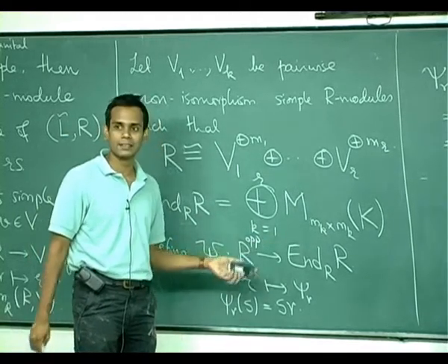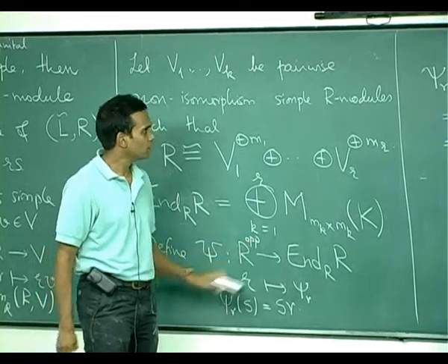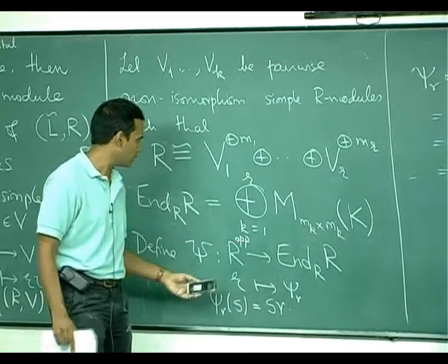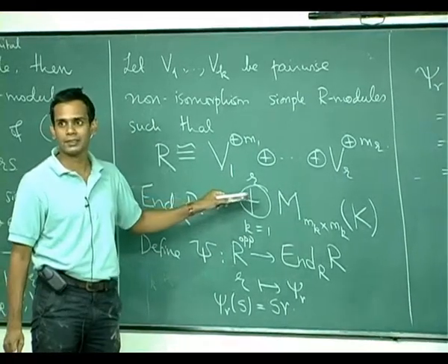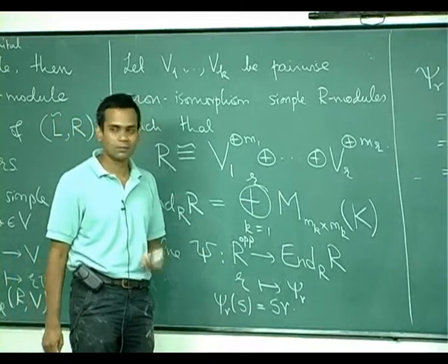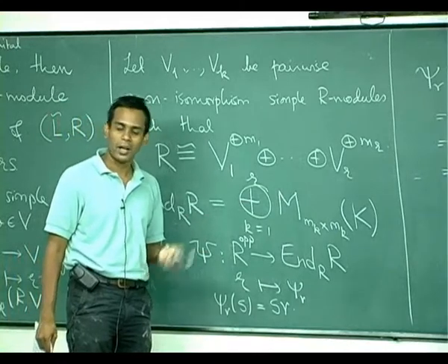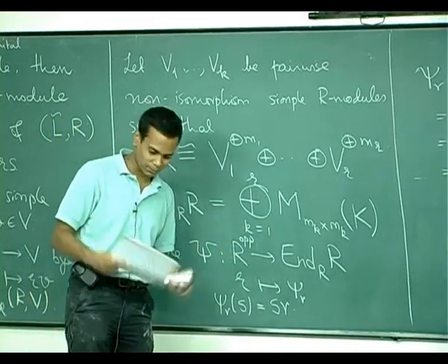I didn't prove that it's an isomorphism, but that's not very difficult to check. If you accept that, then the opposite of R is a sum of matrix algebras. But a matrix algebra is isomorphic to its opposite via the transpose. So R itself is isomorphic to a sum of matrix algebras.